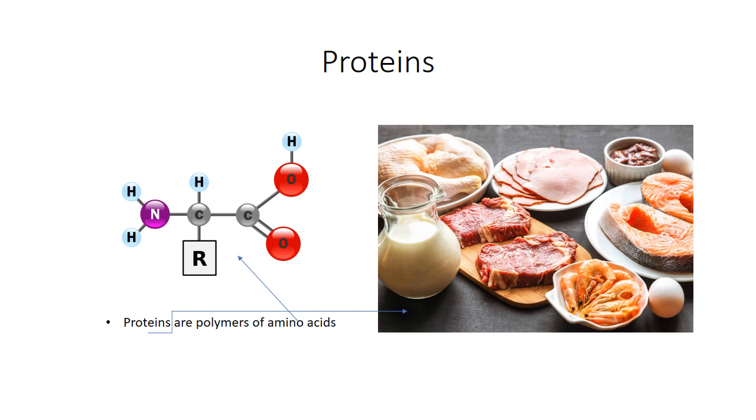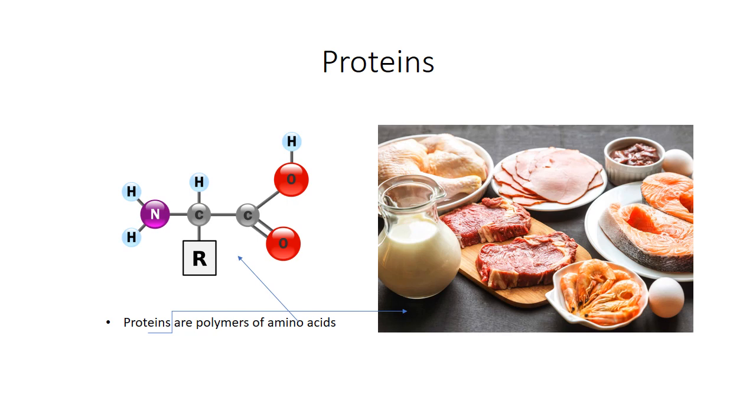Some biochemists say 21, but most agree that there are 20 amino acids, each different. On the left, you see a formula of a generic amino acid, and it has a part symbolized by the letter R, standing for radical.